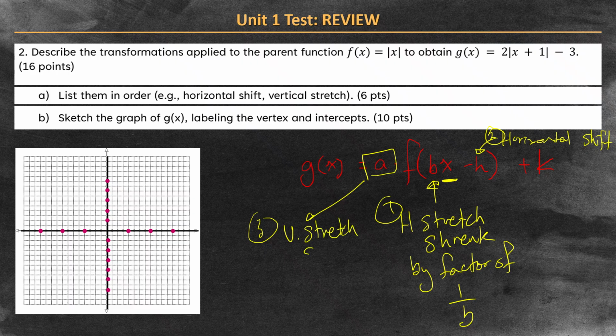Now, some of you may be curious. Mr. Kim, what if it's a negative value? If it's a negative value, the order doesn't matter because let me give you an example. The negative, it's going to be a reflection in the x-axis. Now, if you multiply -2 times 3, let's say, what is -2 times 3?